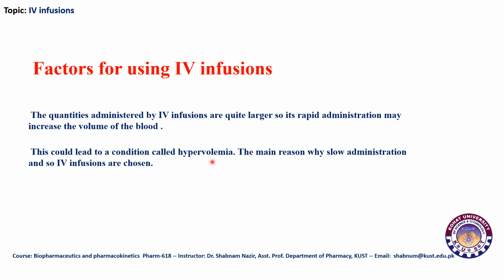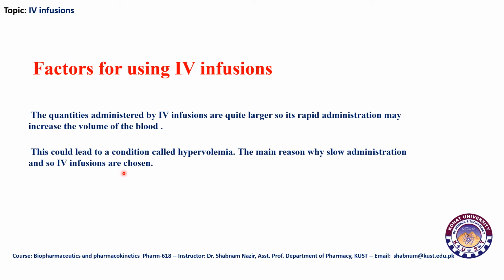The main reason why slow administration and so intravenous infusion are chosen is that you cannot opt for the intravenous bolus any further, because how could you administer so much quantity by frequent injections all at once?